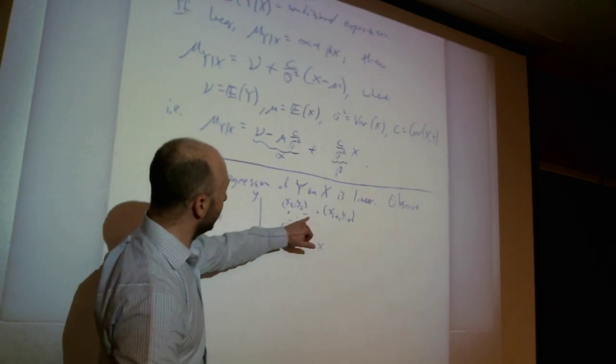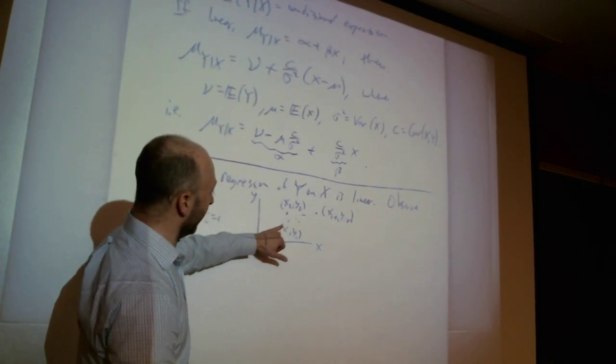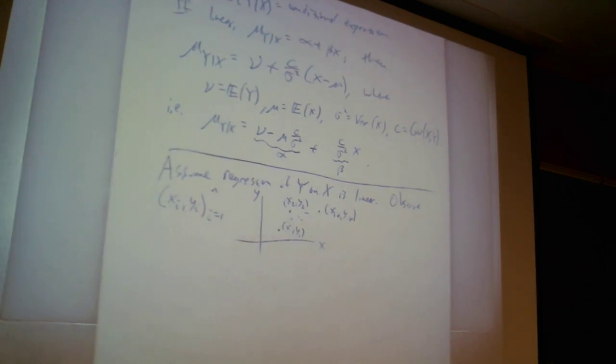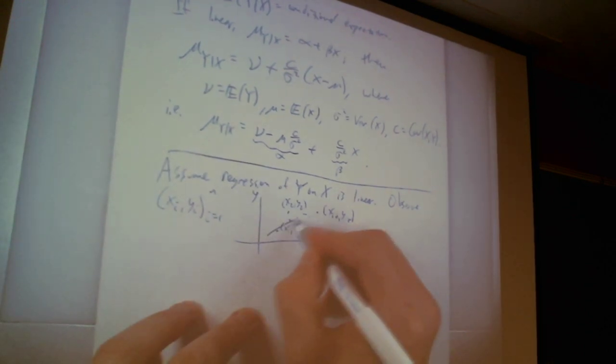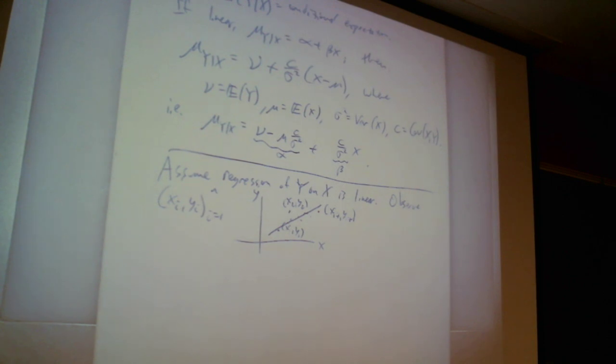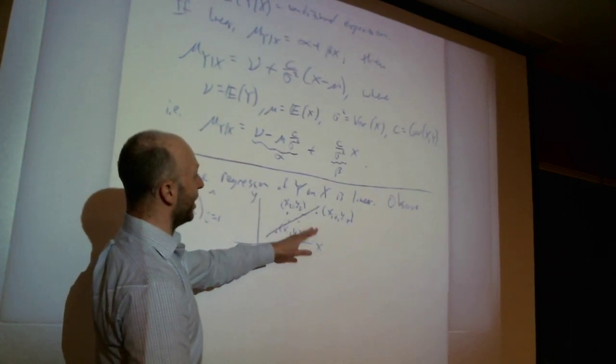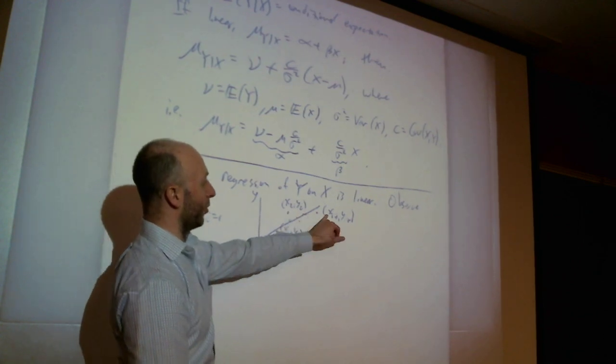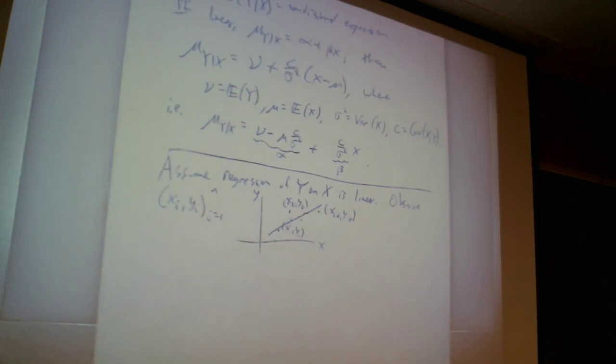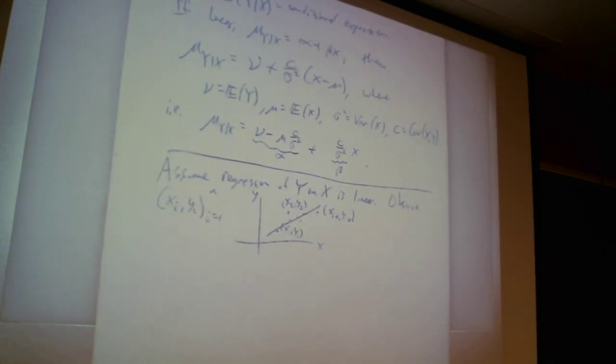And, well, maybe there's a line that fits through here. Maybe there isn't. But we can sort of test whether it seems reasonable for there to have been a line that fits through here. Is there a linear relationship between x and y when we get these ordered pairs of data? Does that make sense?